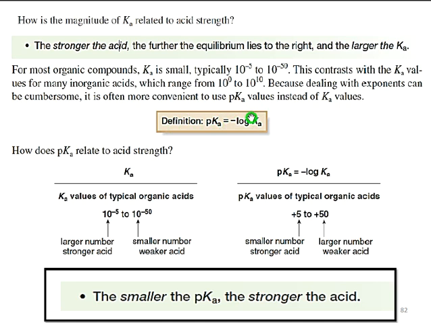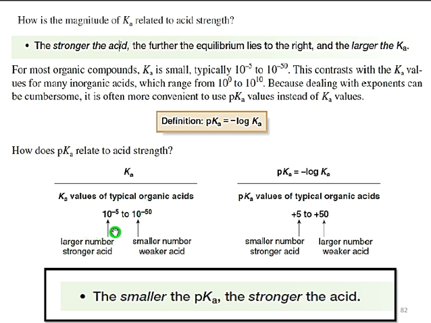If we have a high Ka, it will be a strong acid. But if we have a lower value for the pKa, it will be a stronger acid, because the pKa is minus the logarithm of Ka. Take the Ka values of typical organic compounds, from 10 to the minus 5 to 10 to the minus 15.